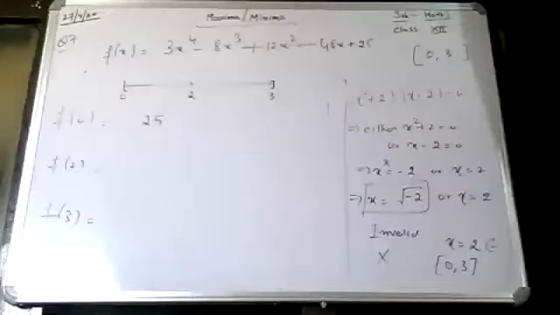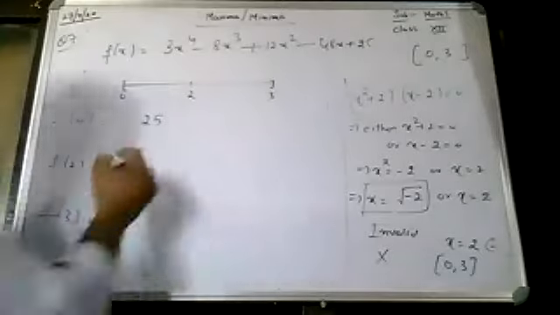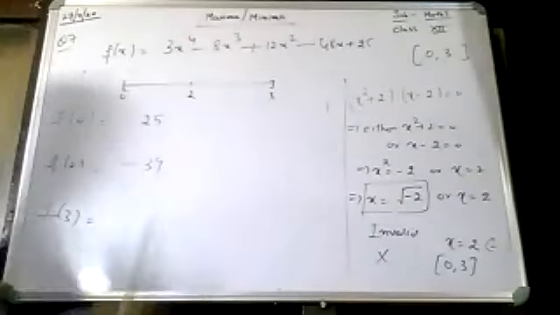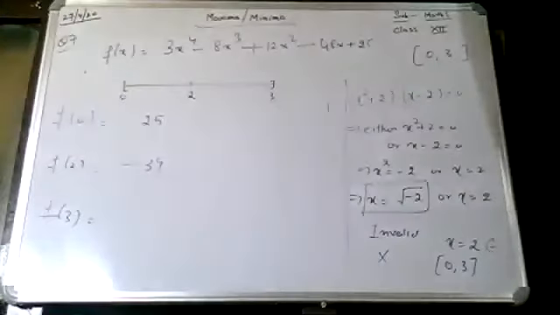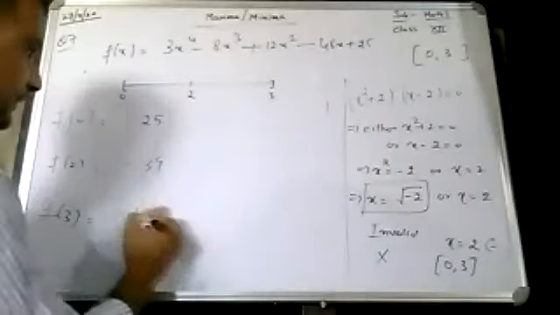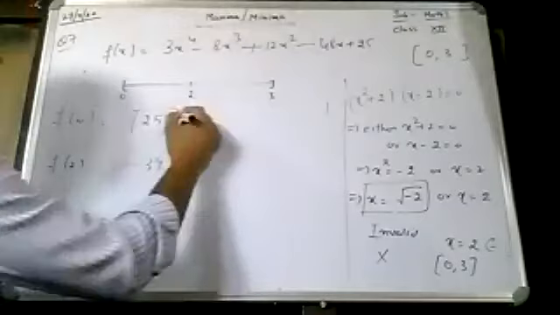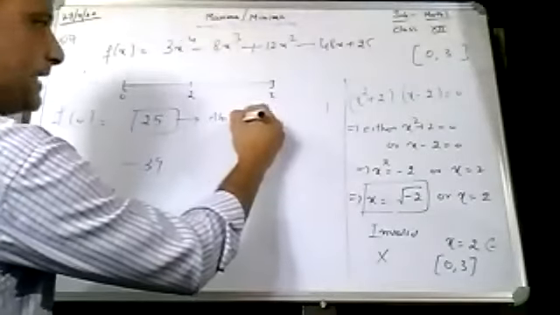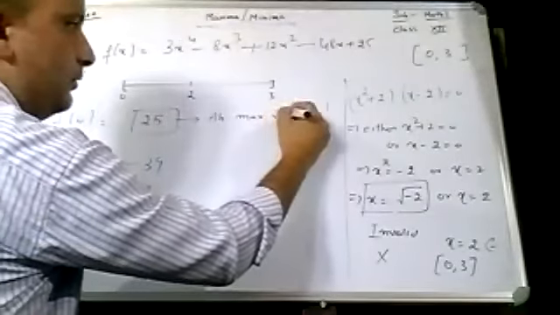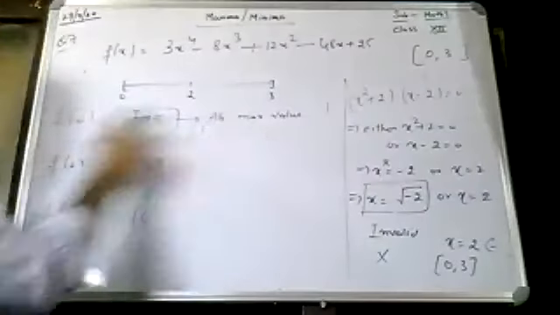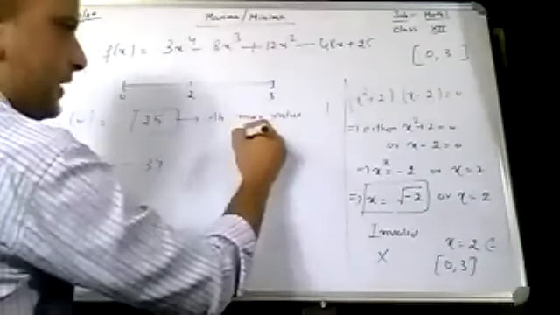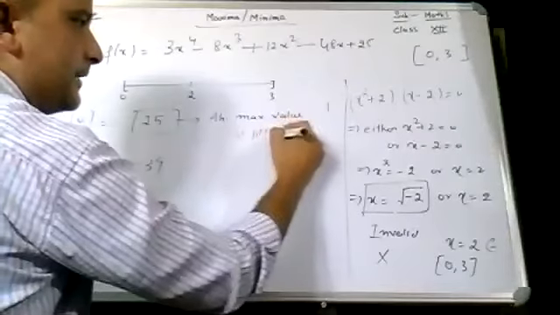So, class, answer of f of 2 is -39 and answer of f of 3 is 16. Clearly this value is greater, so this is called absolute maximum value of the function at point x is equal to 0.